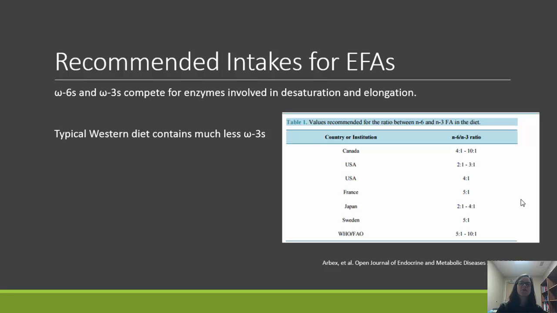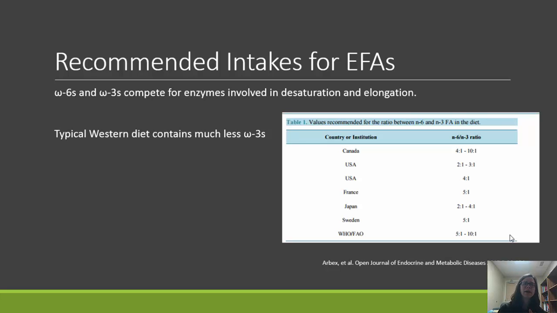Now, we have different recommendations for what this ratio should be between omega-6s and omega-3s. This is from a 2015 article that's reviewing what all the recommendations are. And you can see that this ratio that's recommended is really low, sometimes as low as 2 to 1.